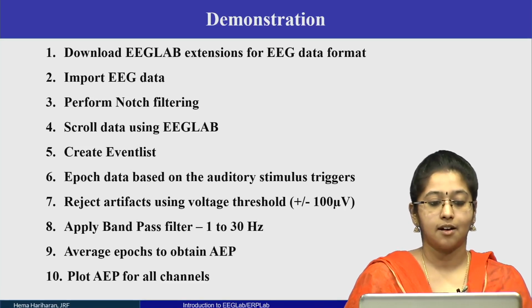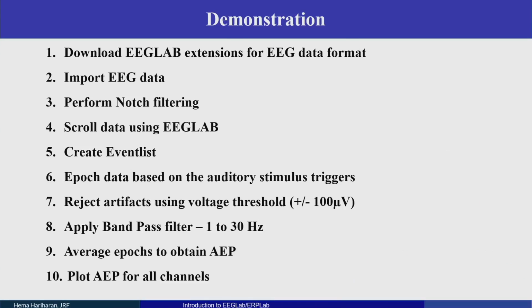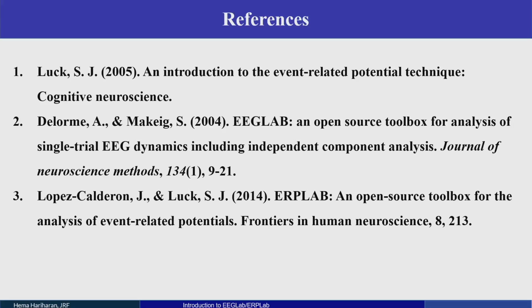So I'll start with the demonstration of how it looks in actual live processing. How do we do it? I'll go through that. These are the different references that can be useful for this presentation.